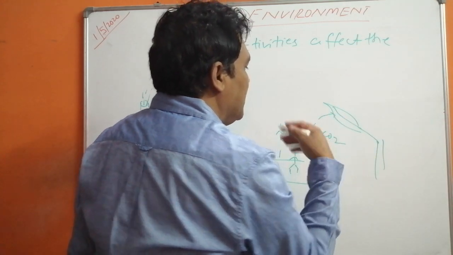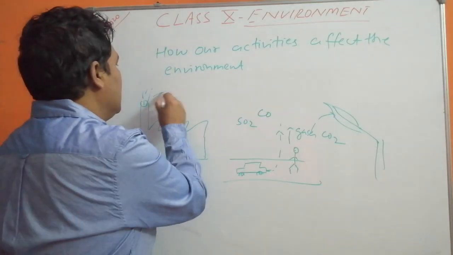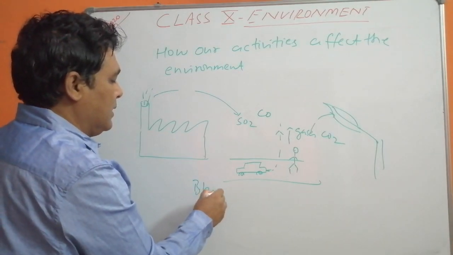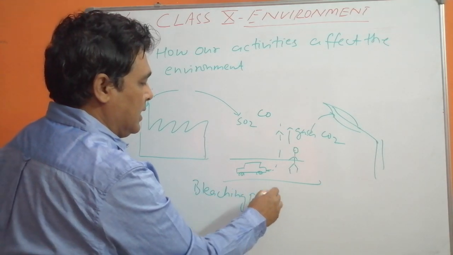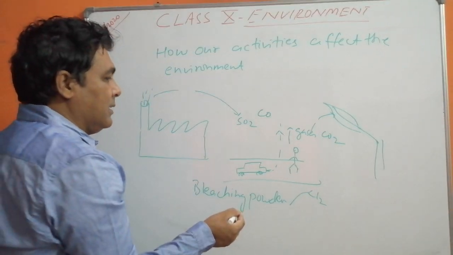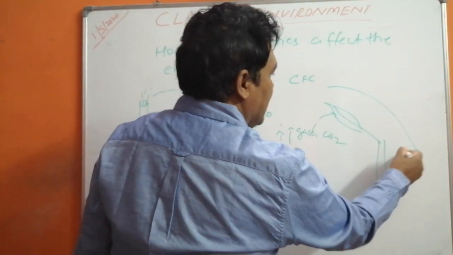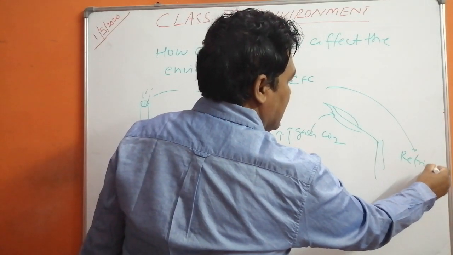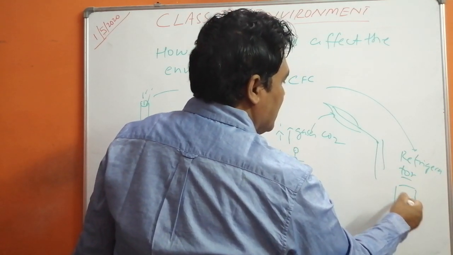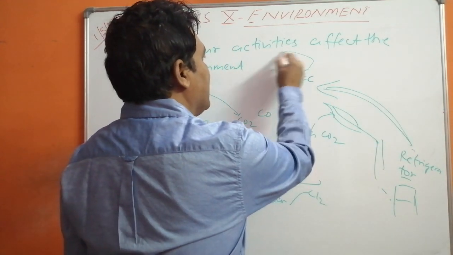Plants take up CO2, but how much can they take? So there are CO and SO2 gases as well. Then we are applying bleaching powder, which releases Cl2. Then there are refrigerators at homes, which release CFCs. So these gases are going to the atmosphere.